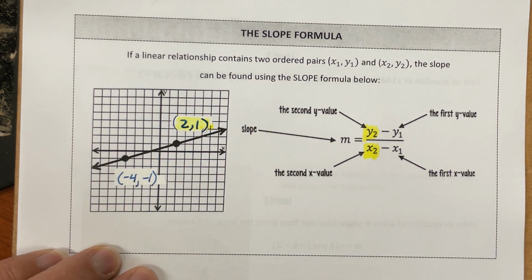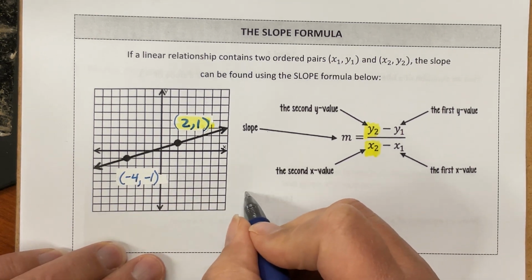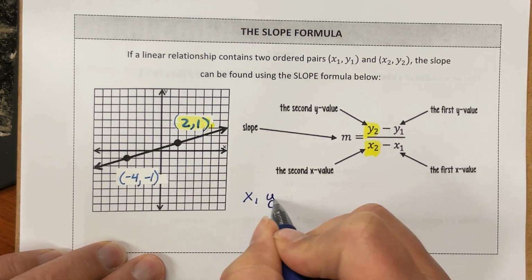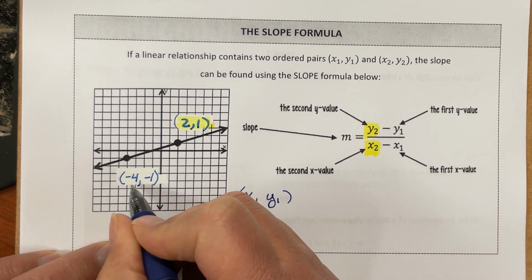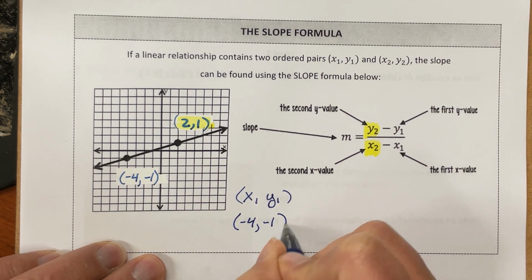And now I'm going to label x1, y1, and x2, y2. So I'm going to say that x1, y1 is this first point on the bottom here at -4, -1.